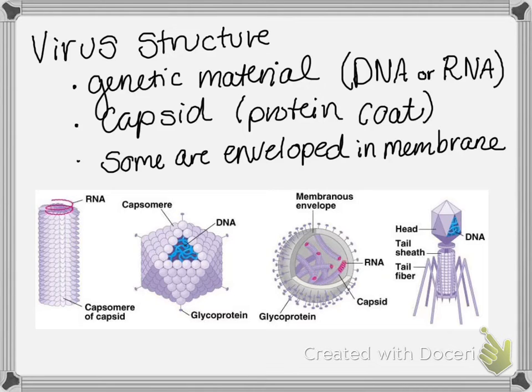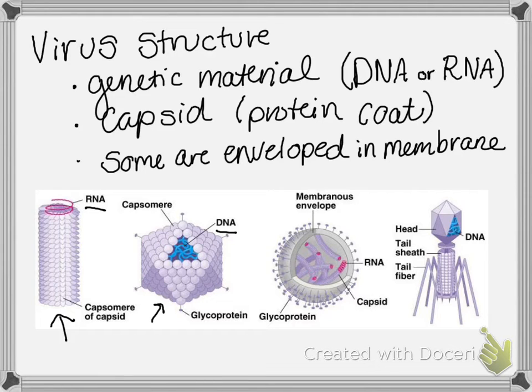Now, viruses come in lots of different shapes and sizes, but they have those two basic components. So here you can see there's kind of a tubular capsid, and then this one has RNA inside. This one right here looks kind of like an adenovirus. It's got this kind of protein, almost geometric outside, and then it has DNA on the inside.